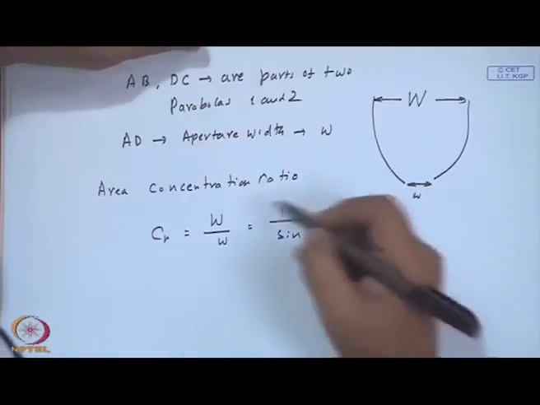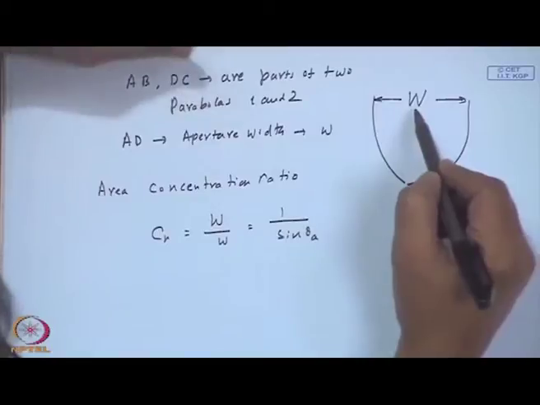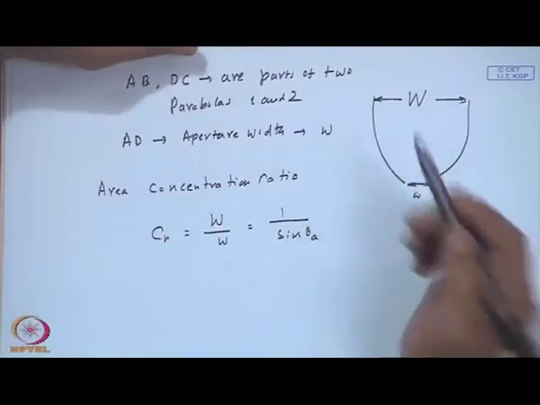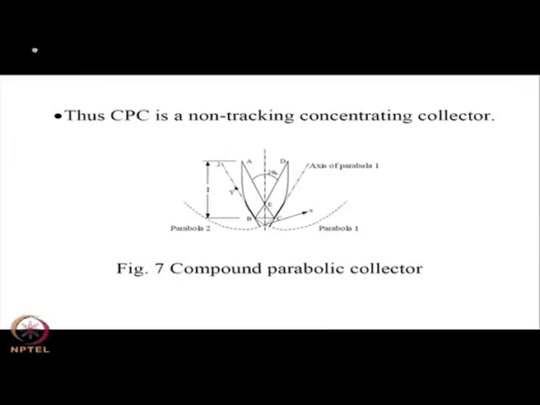The concentration ratio per unit length you can express simply as W upon small w. And with the coordinate system, which you can see in figure 7, you can take a little time to look at this picture and copy it.